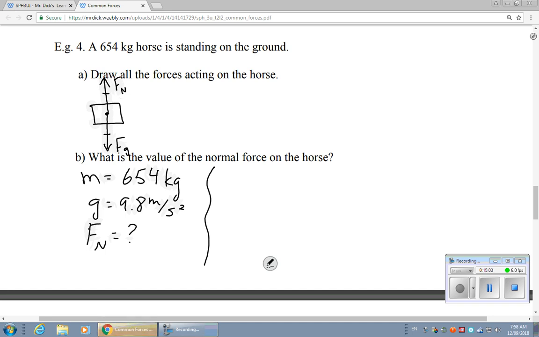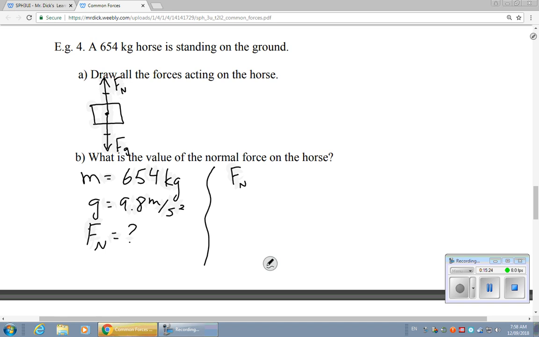So we're trying to find Fn, but I haven't given you a formula for Fn. And that's because there is no specific formula for normal force. There's no specific amount that it will always be equal to. It's going to equal however much it has to balance out whatever force is pulling through a surface.